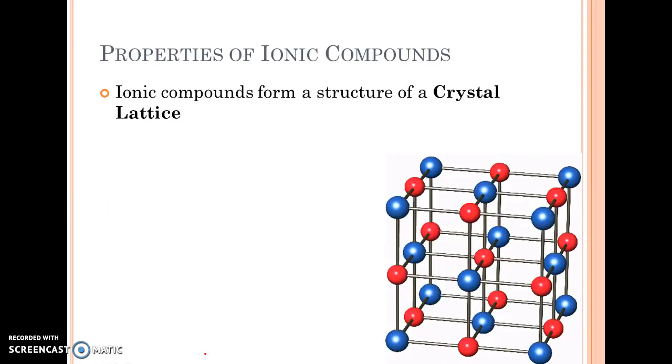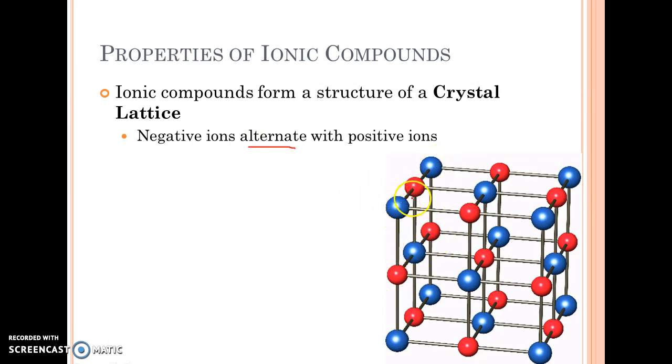Some properties of ionic compounds. Ionic compounds are going to form a structure that we call a crystal lattice. In a crystal lattice, some of them are cubed in shape, some of them are hexagonal. It just depends on what ion or what compound you're looking at. But here your negative ions are going to alternate with positive ions, which is indicated here with different colors.